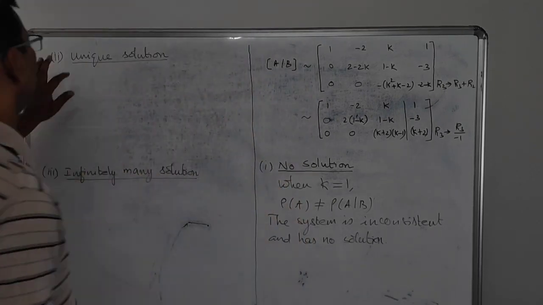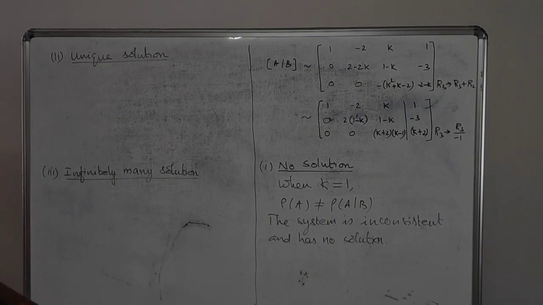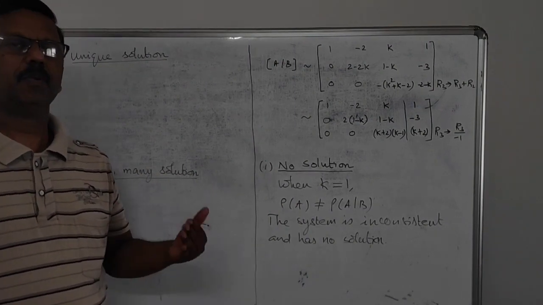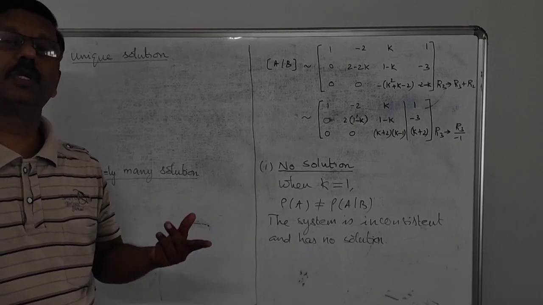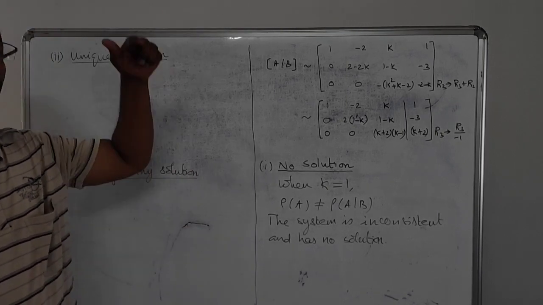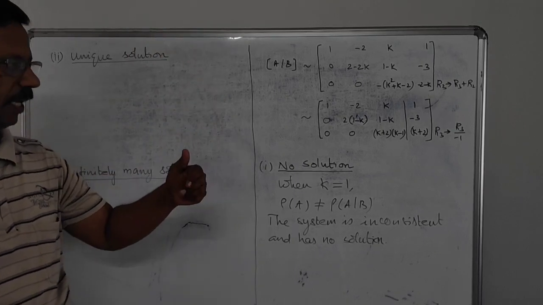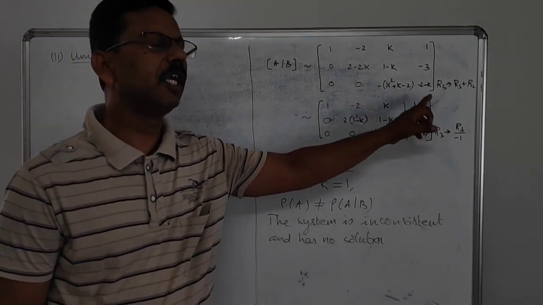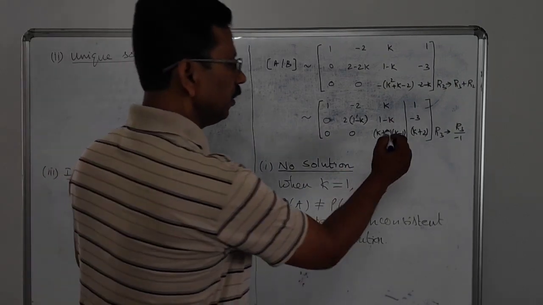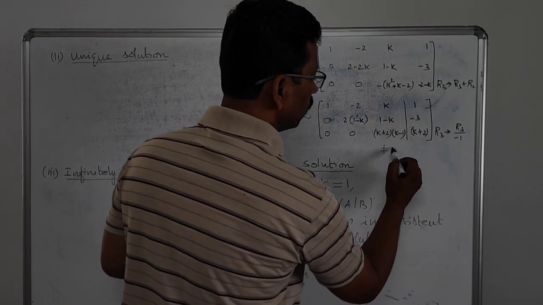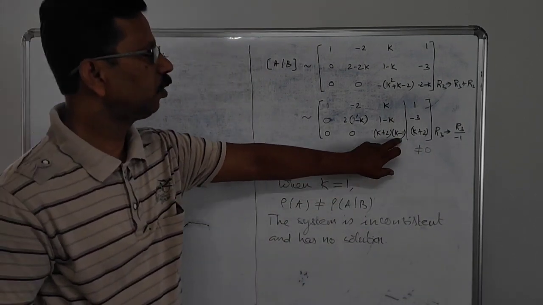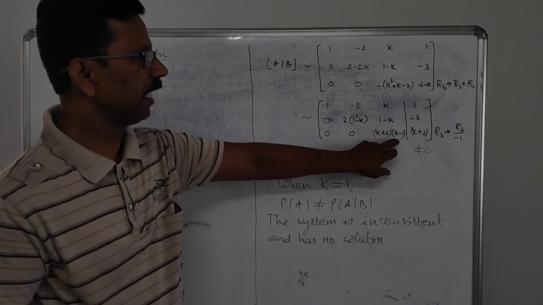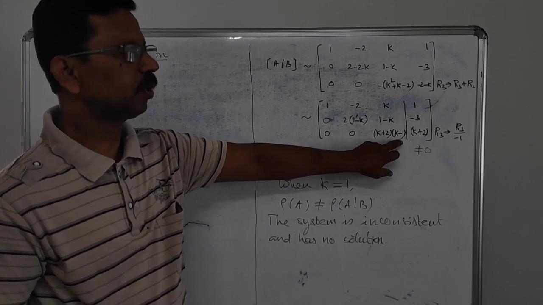Now let us discuss unique solutions. Unique solution means, as I told, both the rank of A and rank of AB must be equal and equal to the number of unknowns. Here we have three unknowns, x, y, z. Therefore, both ranks must be equal to 3, which means this term should not be equal to 0 and this also should not be equal to 0. We have two factors, k minus 1 and k plus 2. These should not be equal to 0.